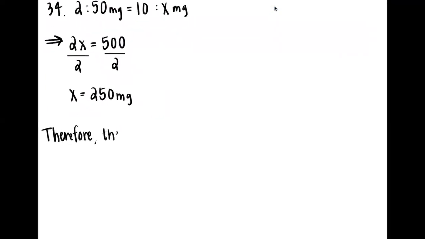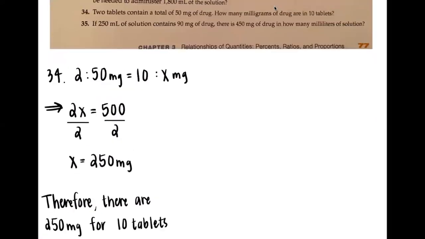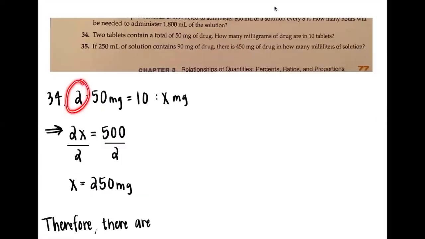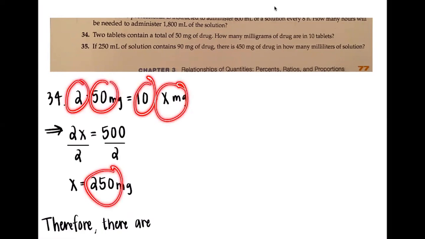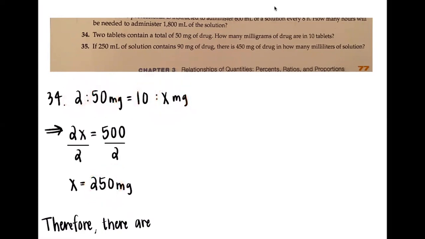There are 250 milligrams for 10 tablets. And remember, we can always check. So you can go ahead and check the extremes. So 2 times 250 is equal to 500. Well, 50 times 10 is also equal to 500, so we know that this answer is valid.